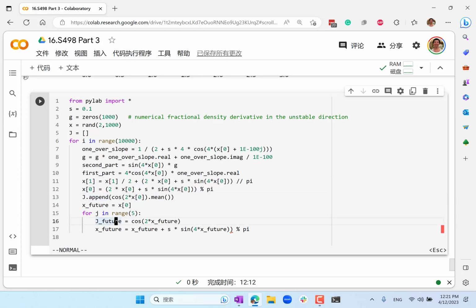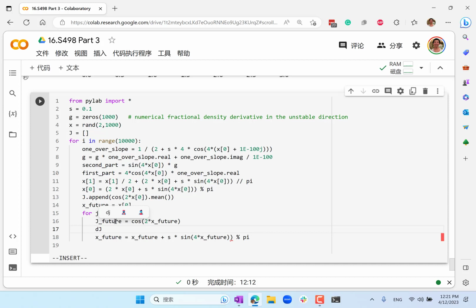So basically, dj is going to be plus equal to j, actually minus equal to, there is a negative sign, j future, multiplied with the first part plus second part, right? And we'll take the minimum over this.